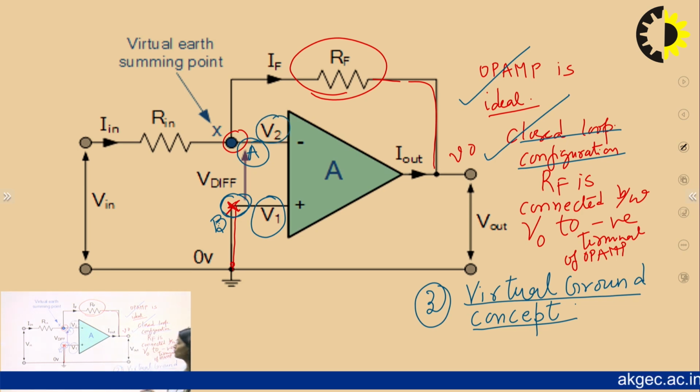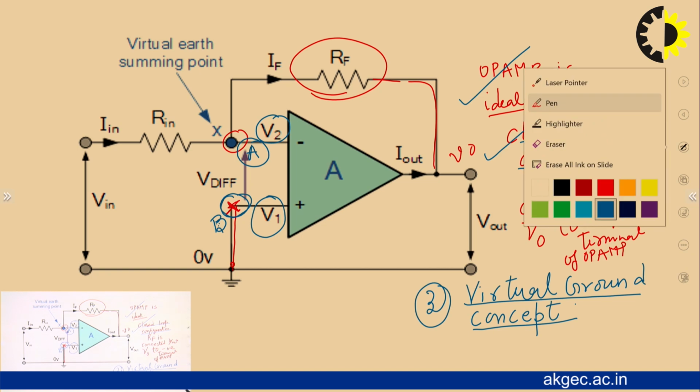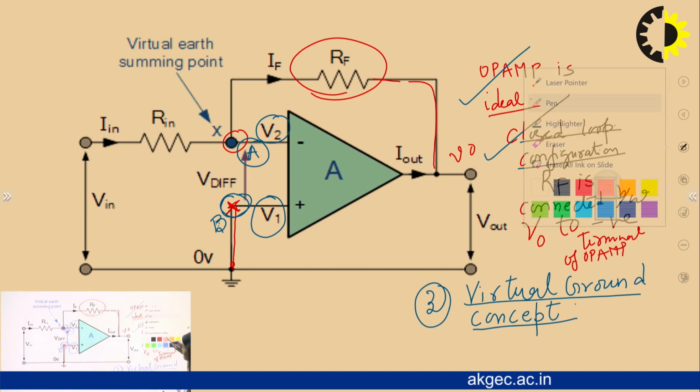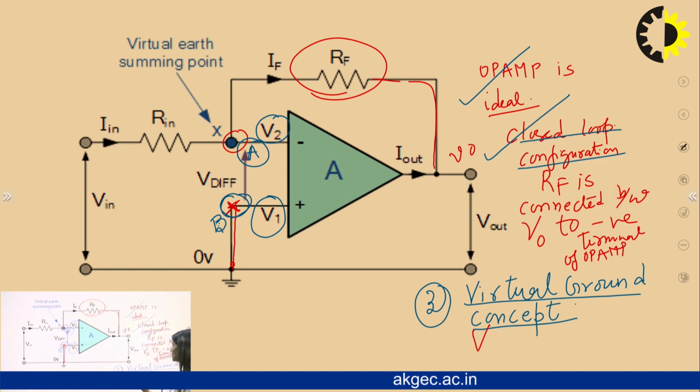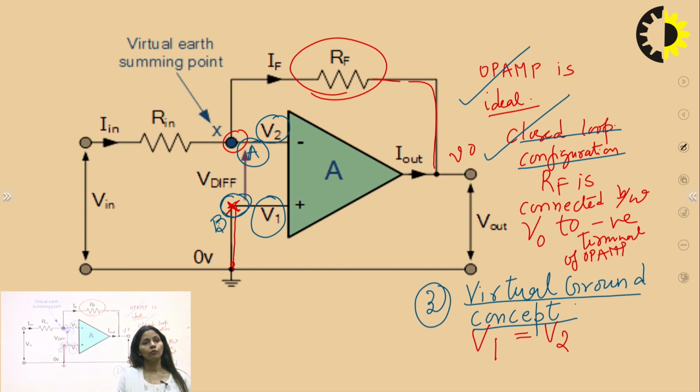Then from the virtual ground concept, we say that V1 is equal to V2, right? The voltage of point A is equal to the voltage of point B. This is known as the virtual ground concept of the op-amp.